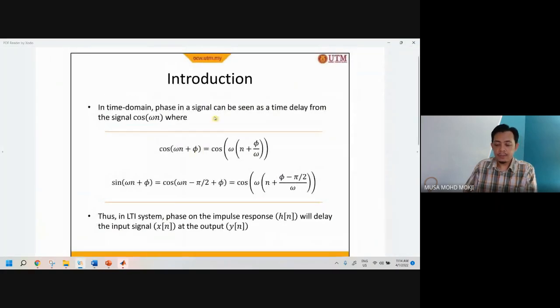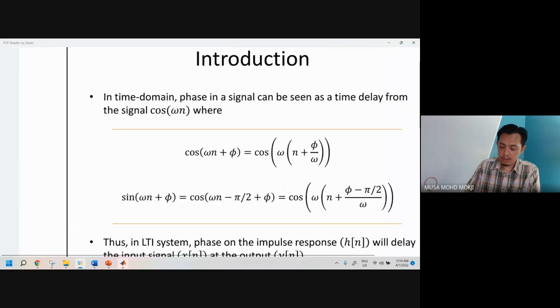In the time domain, phase in a signal can be seen as a time delay. That is the effect of having phase. If you have a phase in your signal, your signal is being delayed. This comes from the equation cos(omega n plus phi).